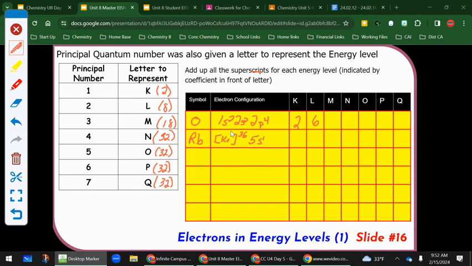Boy, it is a shame that you people are blind. 33 in total. 2 in the K, 8 in the L, 18 in the M, 32 in the N, and 1 in the O.